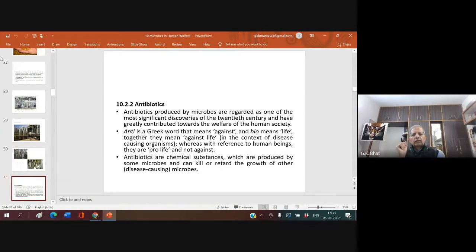You may not be aware, a lot of people used to die hundreds of years back, 100 years back, because of some of the diseases for which there was no treatment at all.